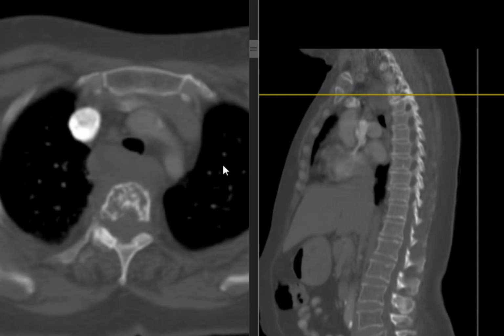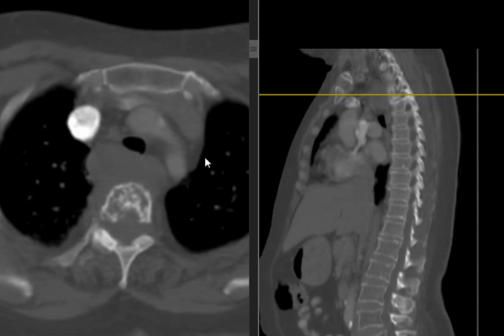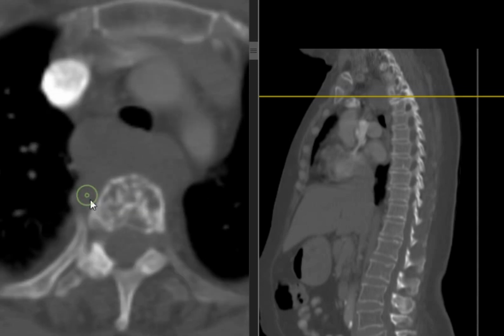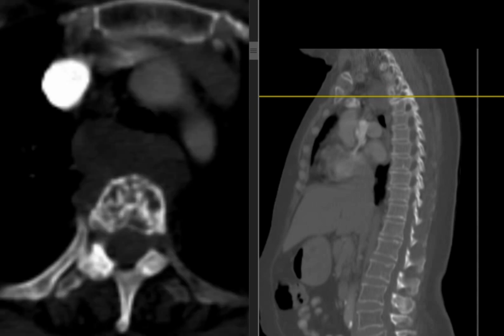Any hematological? Would you mean leukemia or these things, right? But it will not affect a single vertebra, it will be generalized. Look at this vertebra. What does it look like?